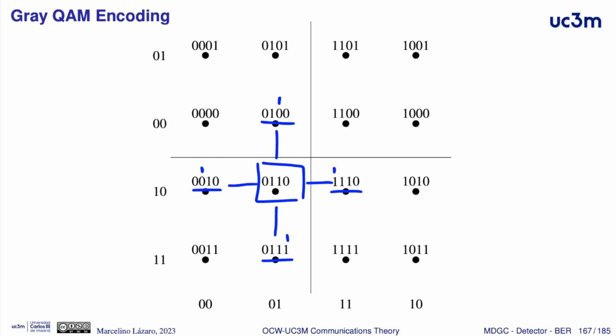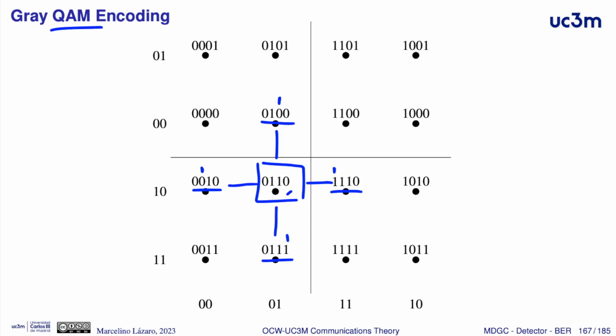Here we have another example of Gray encoding, in this case for a QAM constellation. We can see that the bits assigned to a given symbol, for instance to this one, differ in a single bit with the bits assigned to the symbols that are at minimum distance of this one.